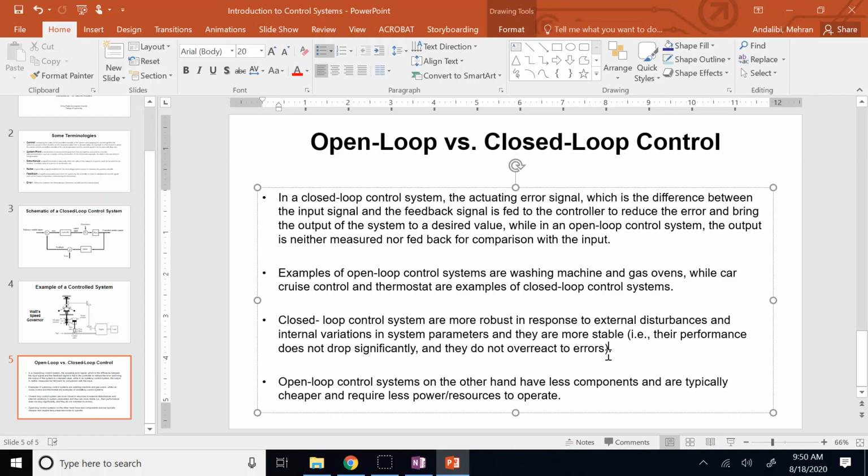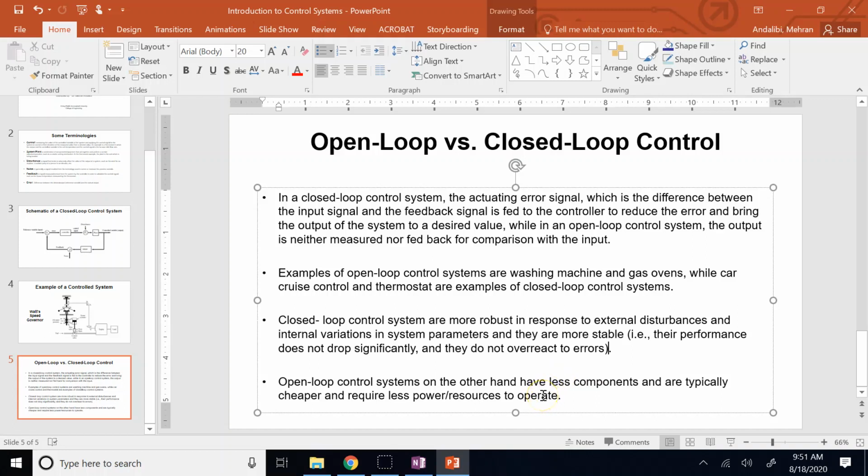So if closed loop systems provide all of this robustness, stability, and everything, then what's the point of having an open loop at all? Why should we have an open loop? Because it's not real control. So two reasons. One is they are not as expensive because they do not have sensors, much of a controller, and so on.